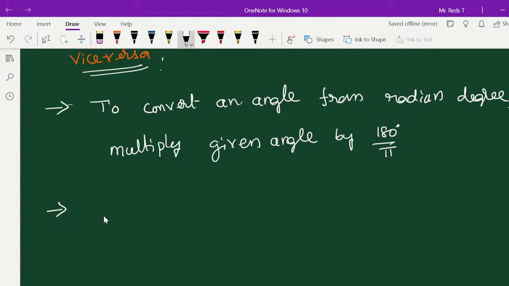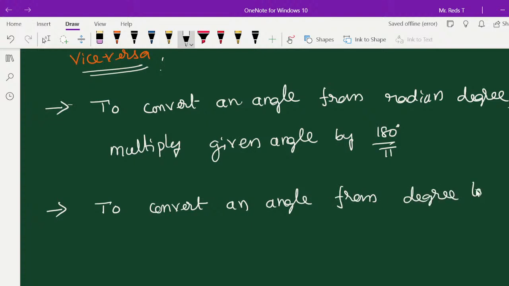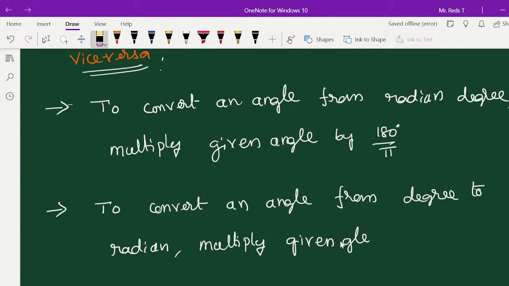Next, write down: to convert an angle from degree to radian, multiply the given angle.